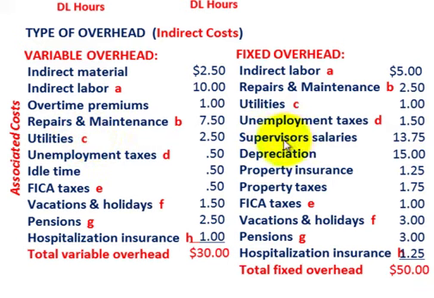And then we talked about supervisor salaries, depreciation, property insurance and property taxes being part of fixed overhead. They are in place. They do not change with the level of production. That's what we're saying with fixed overhead: it doesn't change with the level of production, whereas variable overhead changes with the level of production.